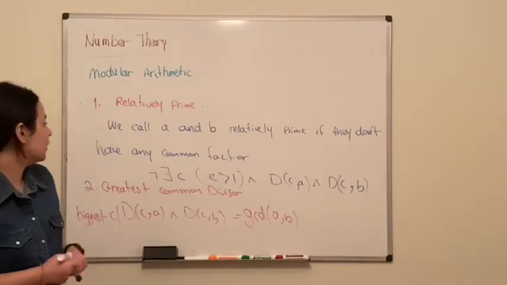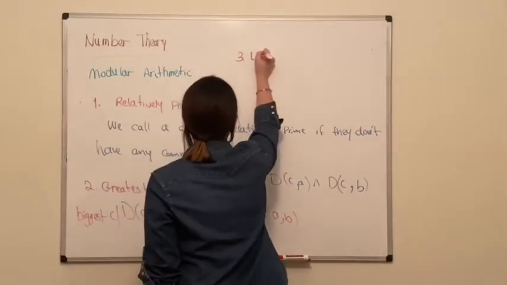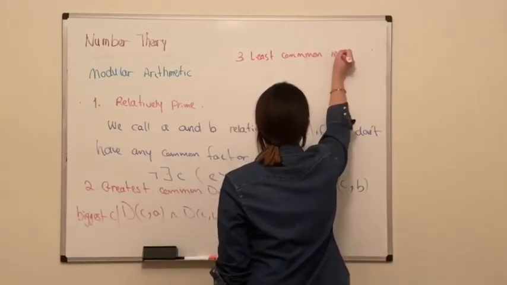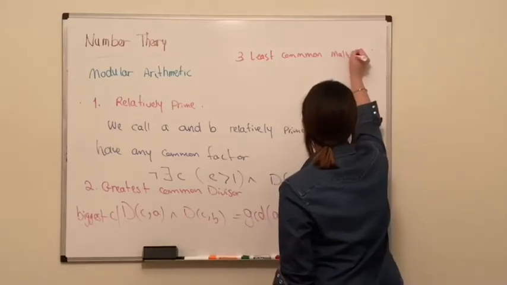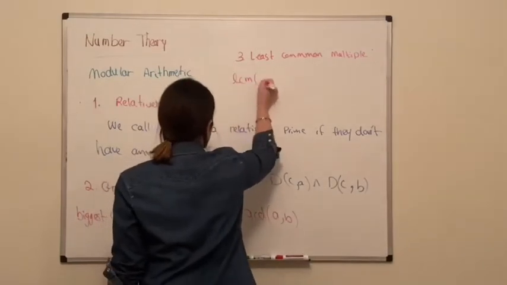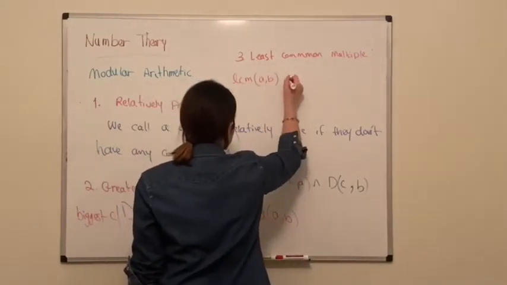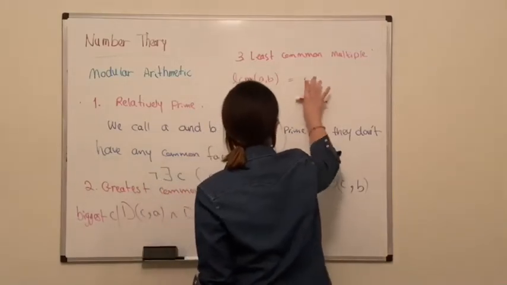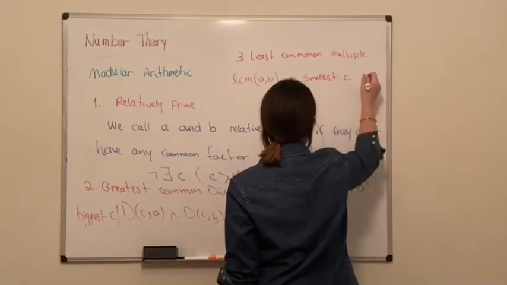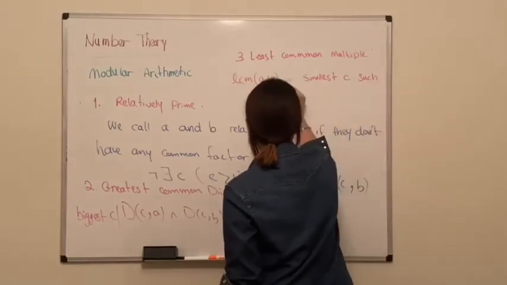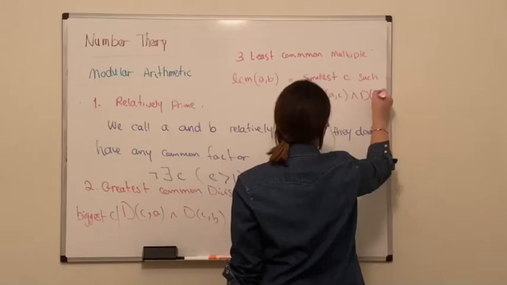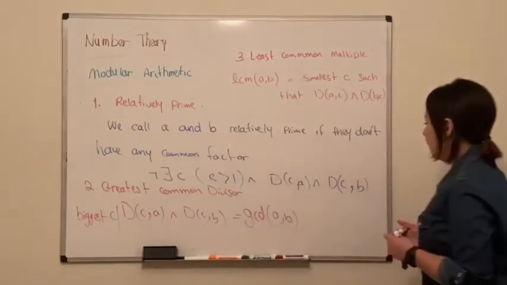Another concept that we can talk about is the least common multiple, or LCM. LCM of a and b is the smallest c such that a divides c and b divides c.